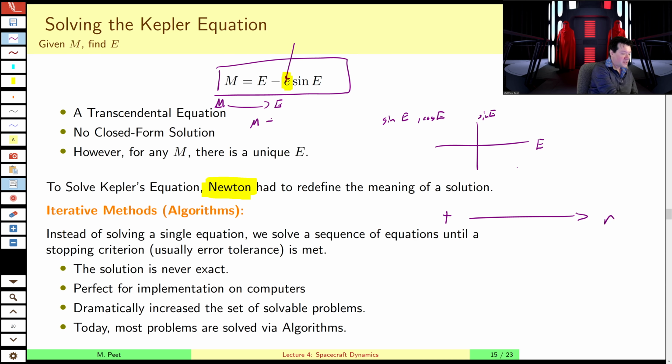So M yields a sequence E1, E2, Ek, and so forth, so that neither E1 nor E2 nor any Ek is a precise value of E, as in it solves this equation. But in the limit, as k goes to infinity, Ek is the solution to that equation for a given value of M.